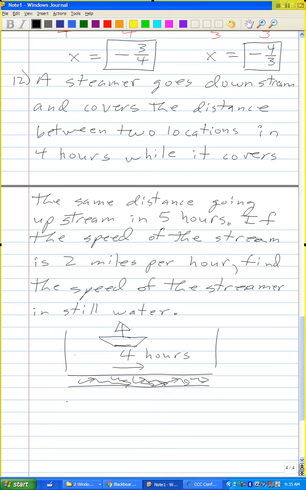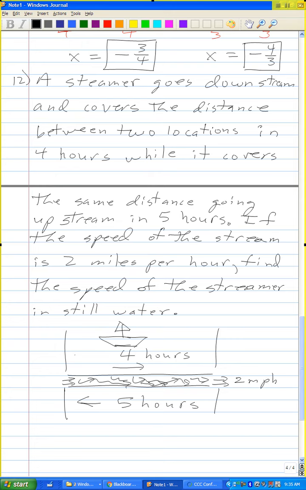And it goes in 5 hours. The stream is going this way. And this stream goes at 2 miles per hour.